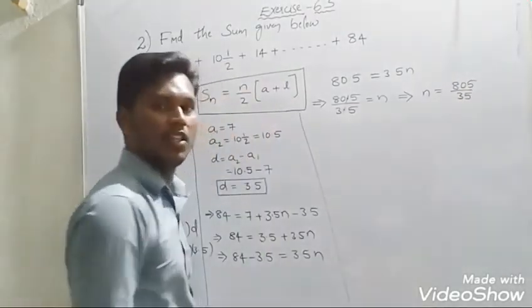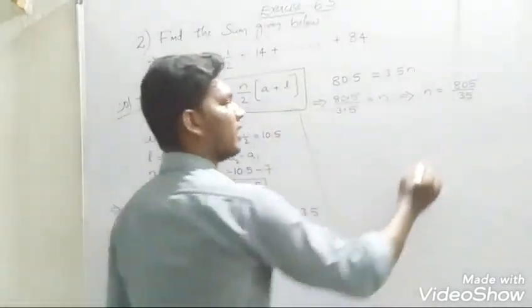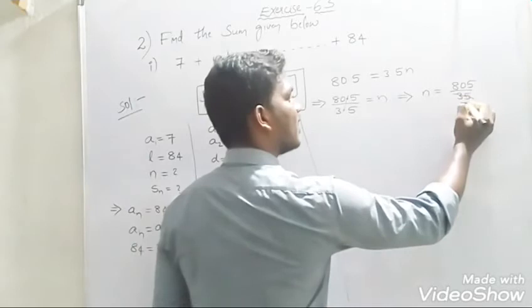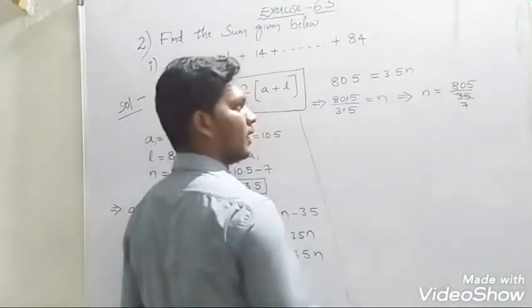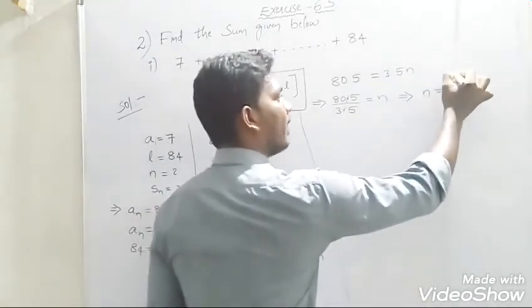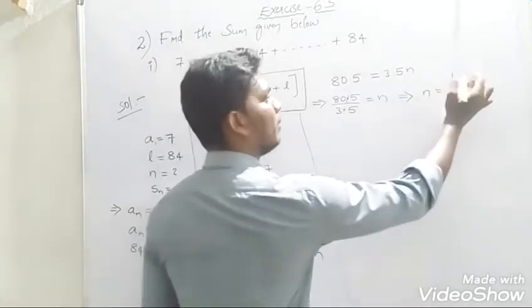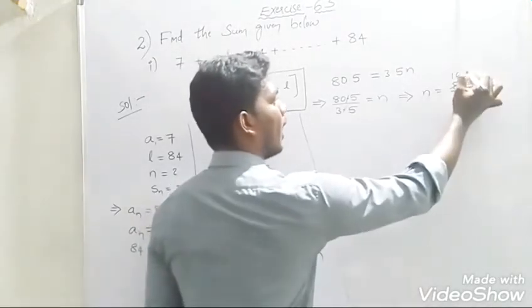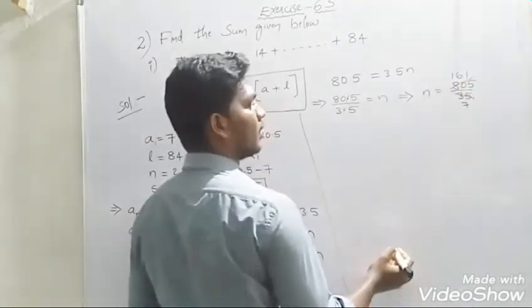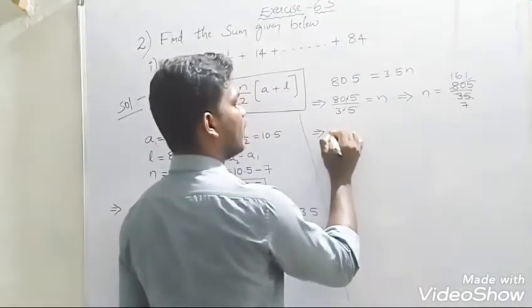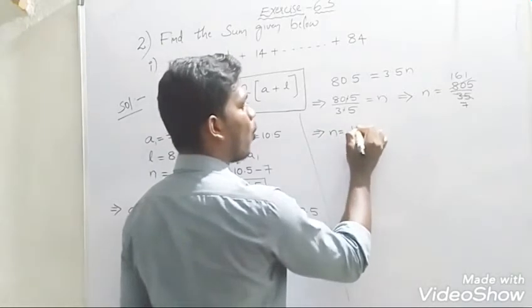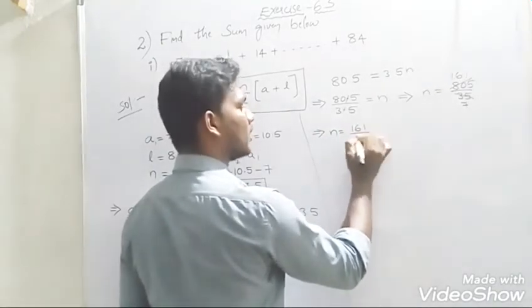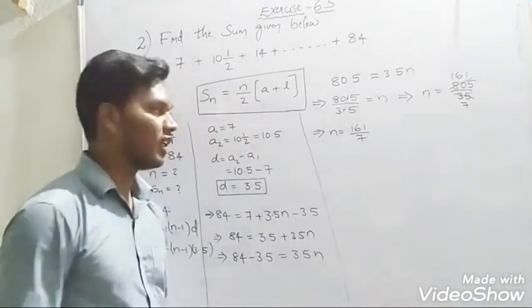Okay friends, 805 by 35. See friends, 5 sevens are 35 and 5 ones are 5. 30 will be, 5 sixes are 30 and 5 ones are 5. So finally we have n is equal to 161 by 7. 161 by 7.